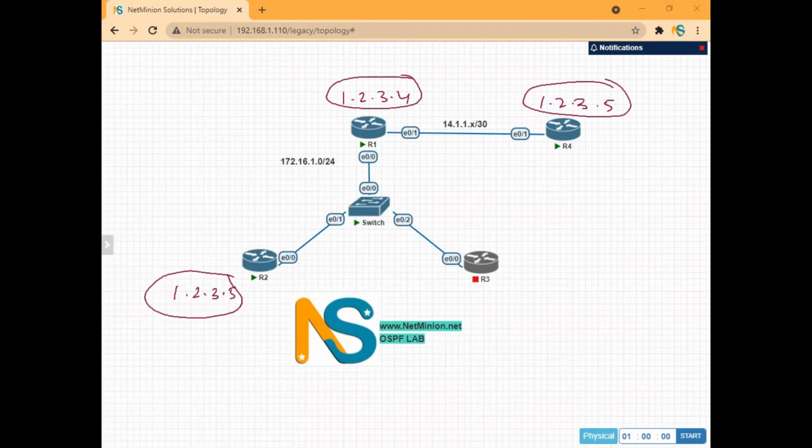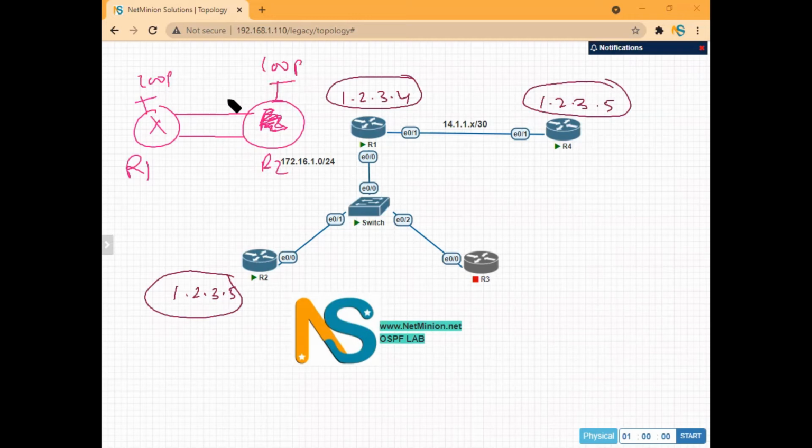Okay, let me ask this question in another way. Let us suppose we have a router, and another router, router 2, over this side. We have two links. This one is using loopback as a RID, and this one is also using loopback as a RID.